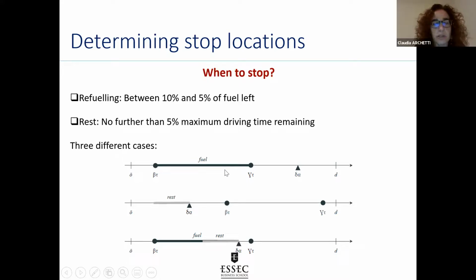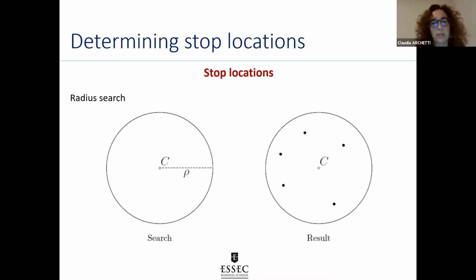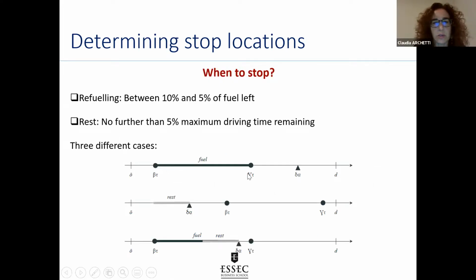The search for the stop location is done differently according to whether we are running out of fuel or rest. They are both based on what we call the radius search, which works like this. In practice, we consider a center point, which is beta tau in the first case and delta alpha in the second case, which is the point from which we're going to start searching for a stop location.